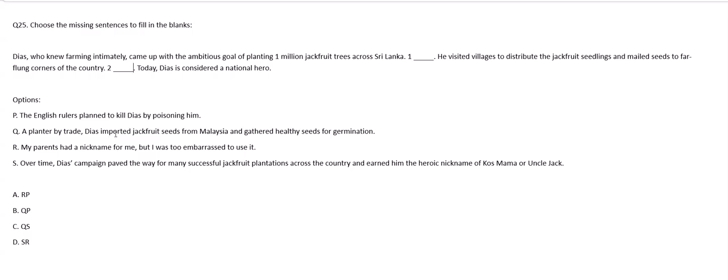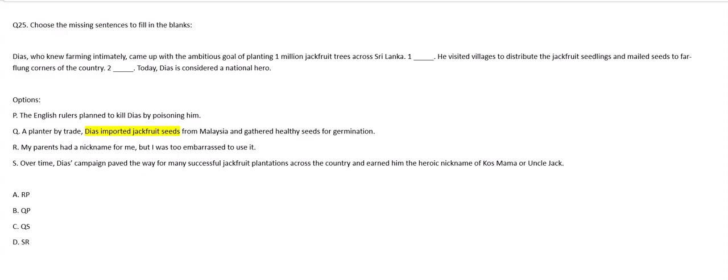A planter by trade, Dias imported jackfruit seeds from Malaysia and gathered healthy seeds for germination. See this option Q, sentence Q. A planter by trade, Dias imported jackfruit seeds from Malaysia and gathered healthy seeds for germination. The first sentence, what is it telling? He has a goal of planting 1 million jackfruit trees.